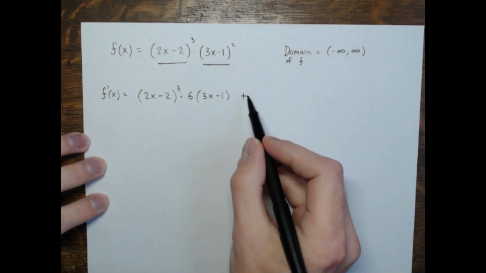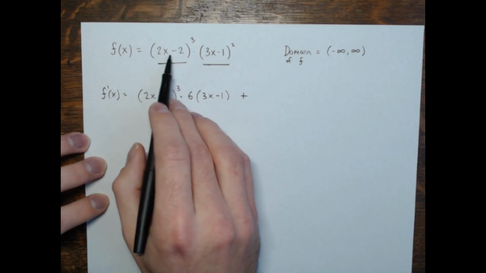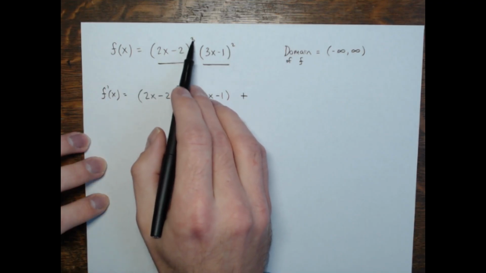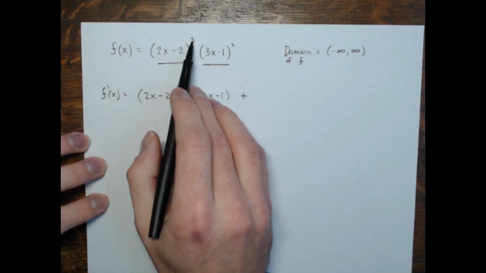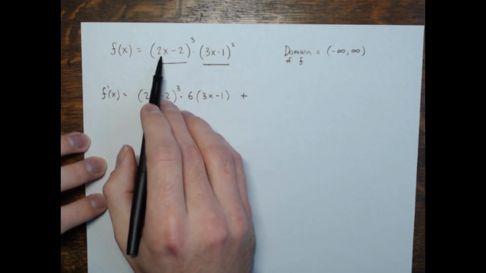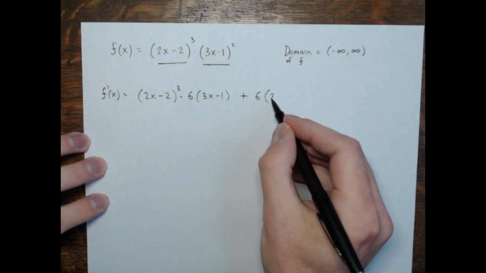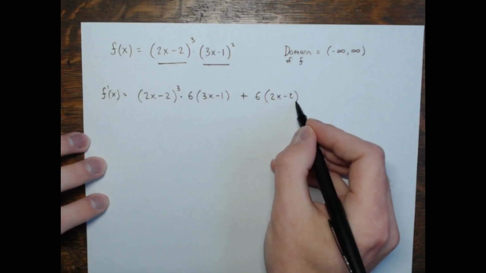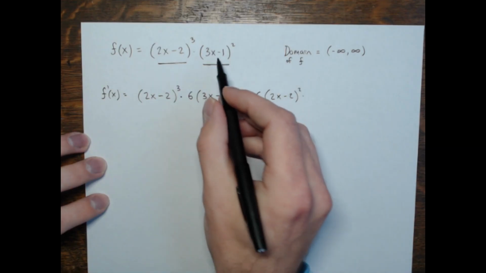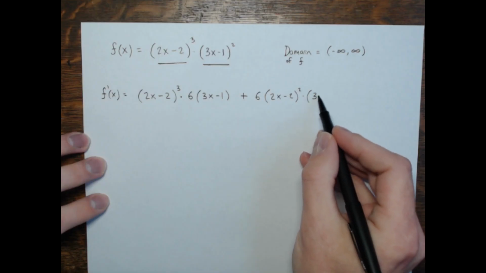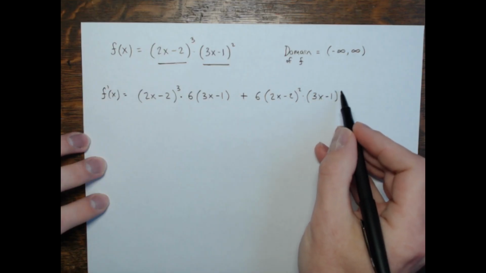And then plus, the other way around where I do the derivative of the first. So in chain rule, it'd be 3 times this squared, then times the derivative of this. So 3 times 2, so 6 here, times the 2x minus 2 to the second, and then leave the second factor the way it is, 3x minus 1 squared.